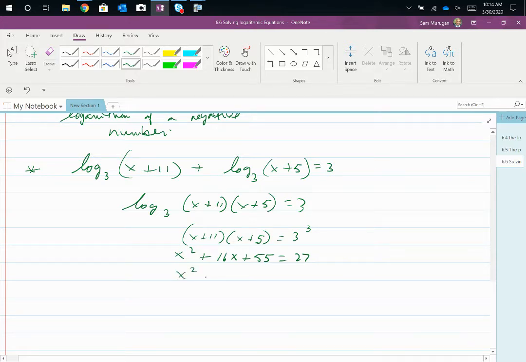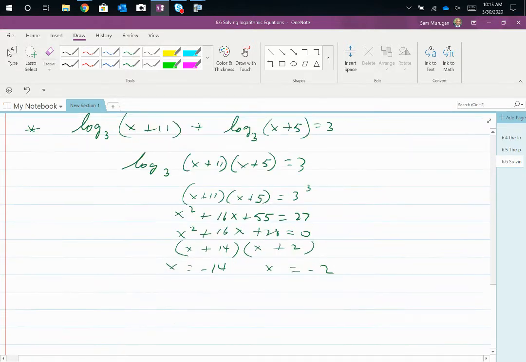So x squared plus 16x plus 28 is equal to 0. Factoring, I've got x plus 14, x plus 2. So x is equal to negative 14 and x is equal to negative 2.